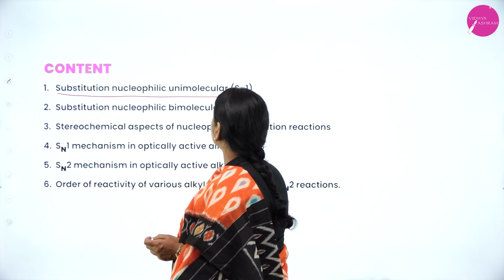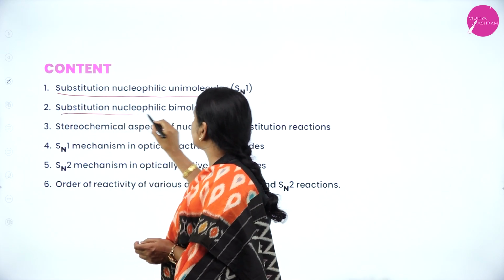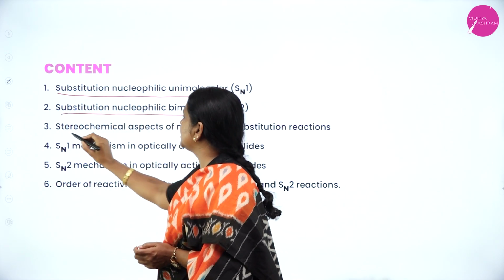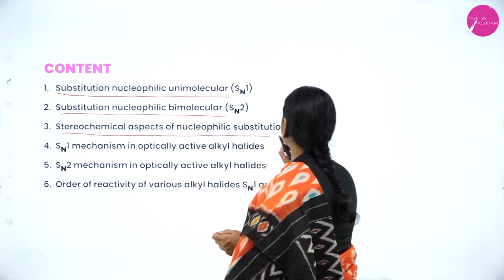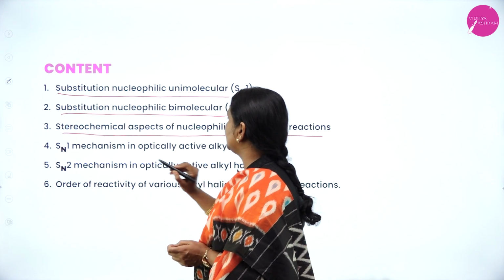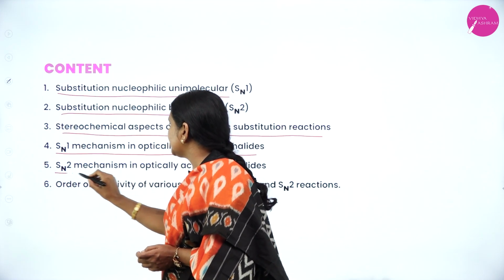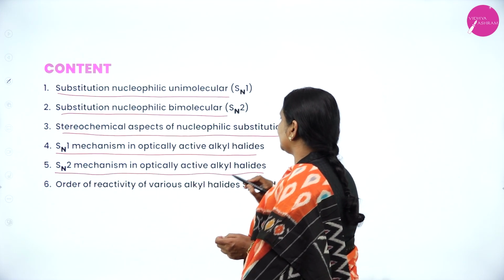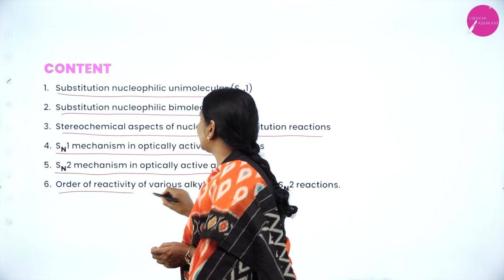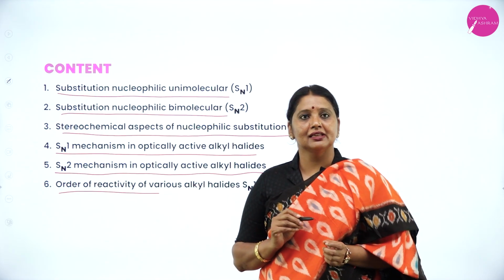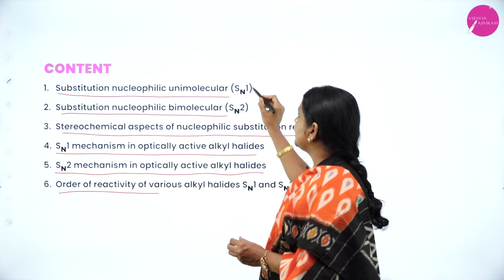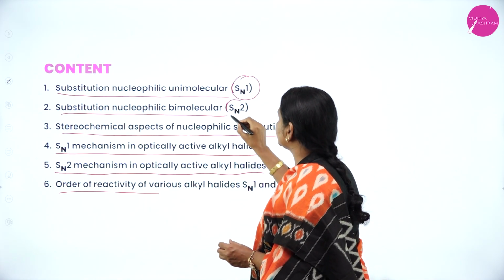substitution nucleophilic unimolecular, substitution nucleophilic bimolecular, stereochemical aspects of nucleophilic substitution reactions, that is SN1 in optically active alkyl halides, SN2 mechanism in optically active alkyl halides, and order of reactivity. Today's class completely deals with the SN1 mechanism as well as what?